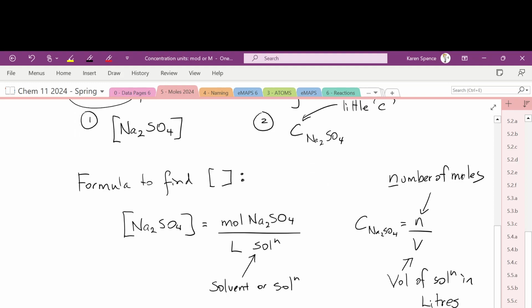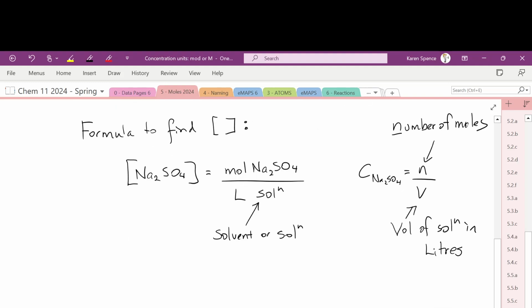Finding it is really easy. Just remember, when you're finding concentration, it is a division, not a conversion.